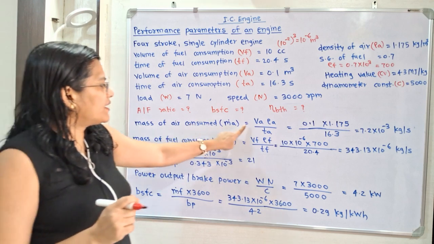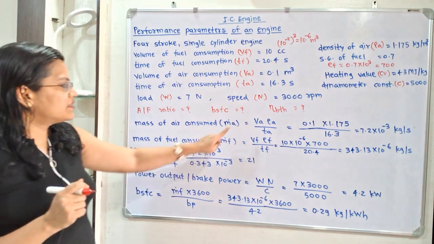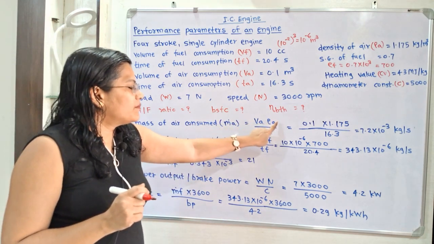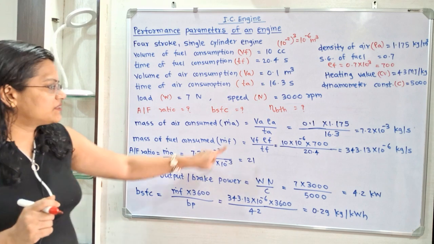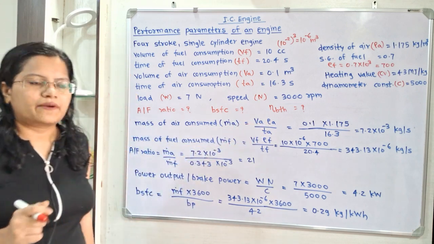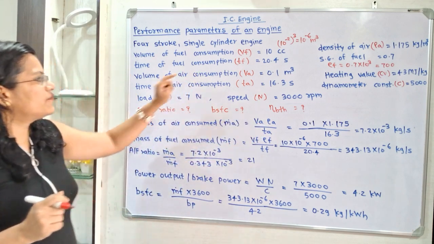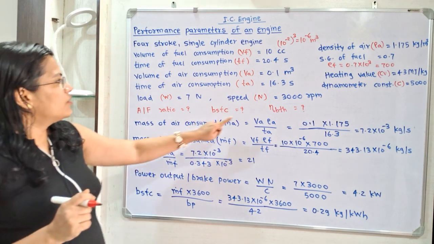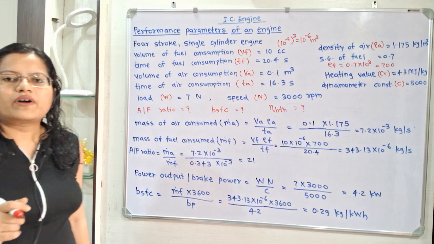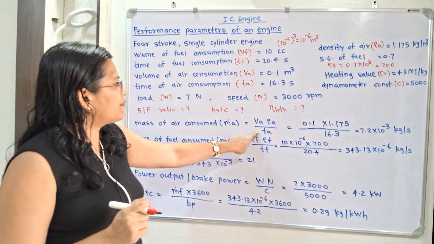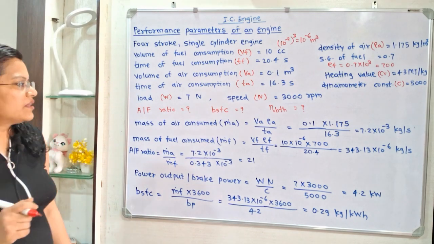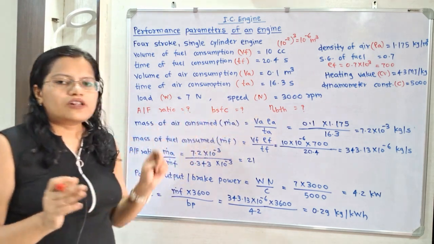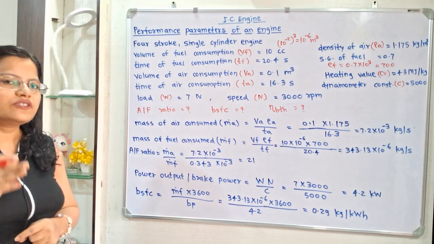So m dot a is equal to, the formula is volume of air multiplied by density of air divided by time of air, that is Va rho a by Ta. So volume of air Va 0.1, density of air rho a 1.175, time of the air consumption 16.3. Now we will also verify these units.